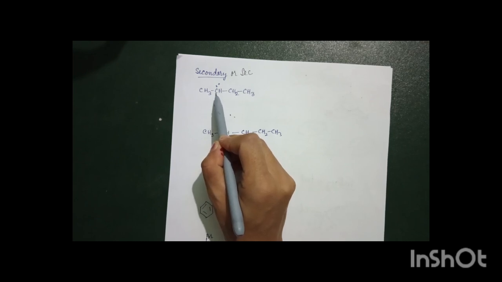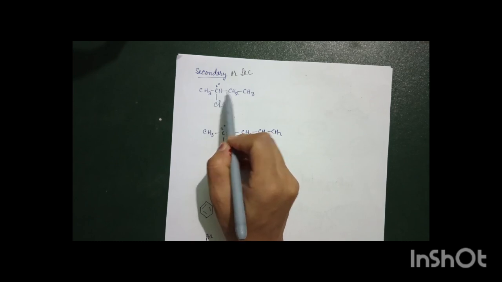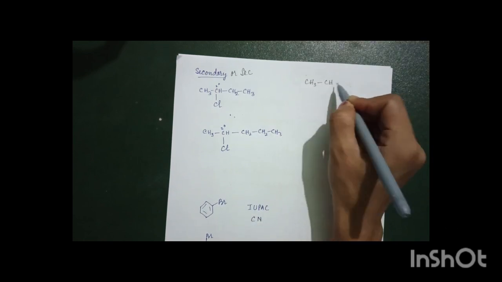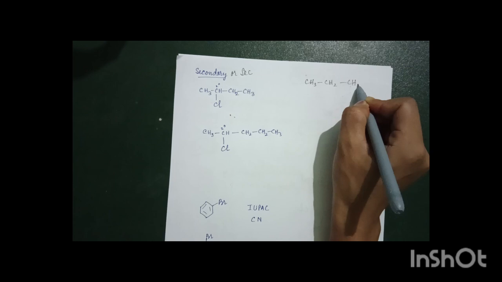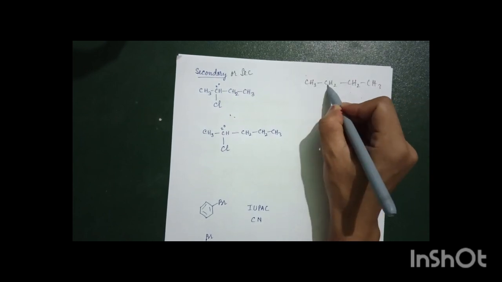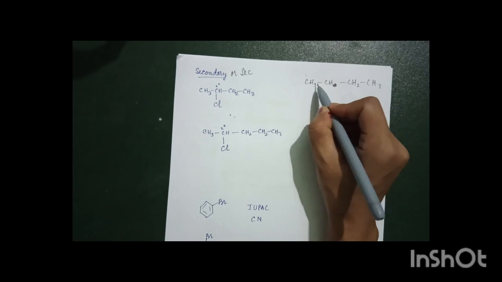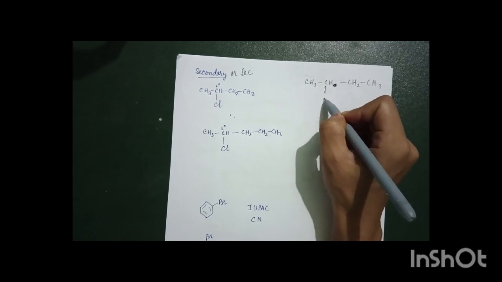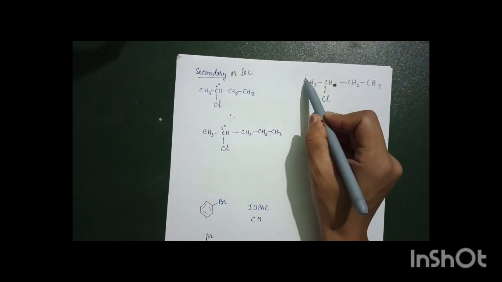We will just remove the second carbon's hydrogen. Let us say I have taken CH3, CH2, CH2, CH3. I have to just remove the second hydrogen and replace it with anything here, either Cl, Br or anything. So this is called your secondary.